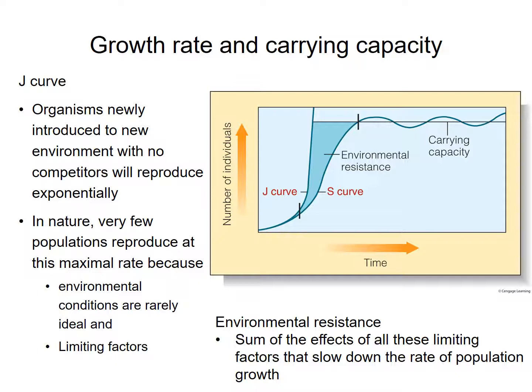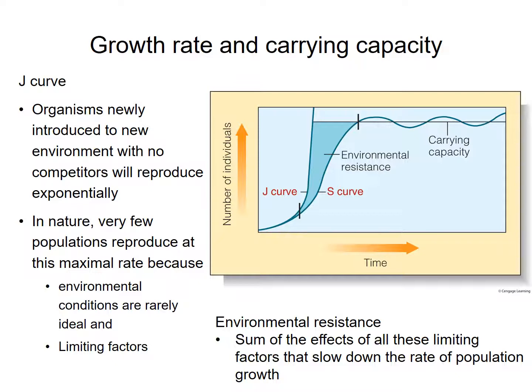In nature, very few populations reproduce at this maximal rate, however, because environmental conditions are rarely ideal, and because limiting factors in the environment quickly slow the rate of population growth.